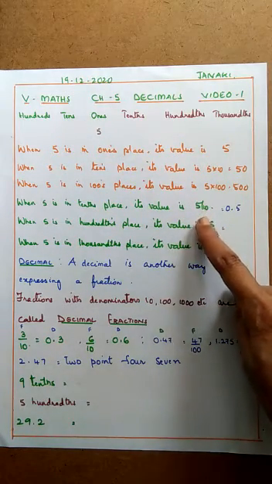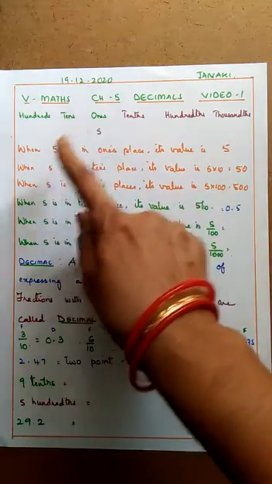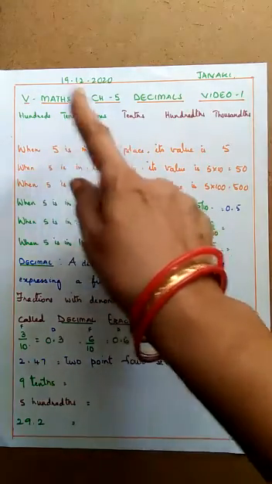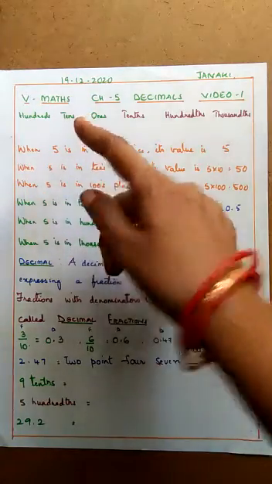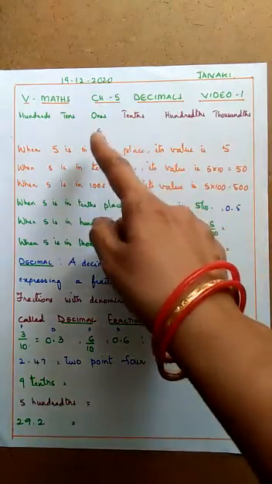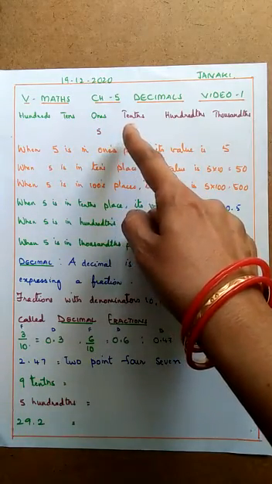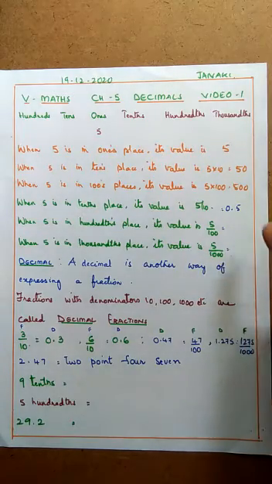It has reduced 10 times. But when it is moving towards left, it is increasing 10 times, isn't it? 5, 50, 500. When we are moving towards the right, its value is decreasing 10 times. So when 5 is in tenths place, its value is 5 by 10, that is 0.5.